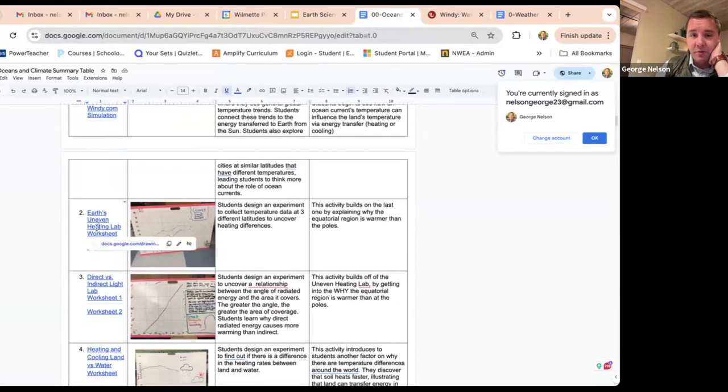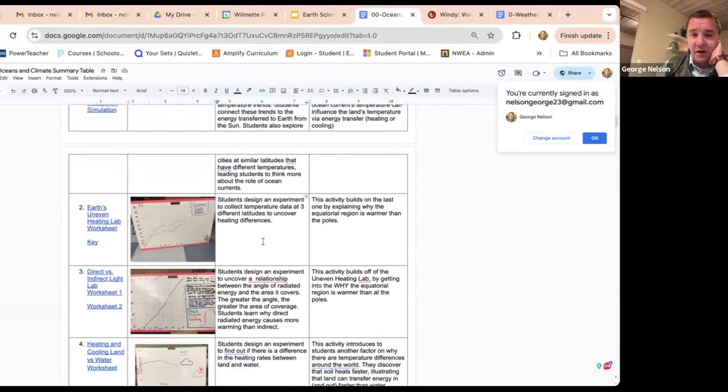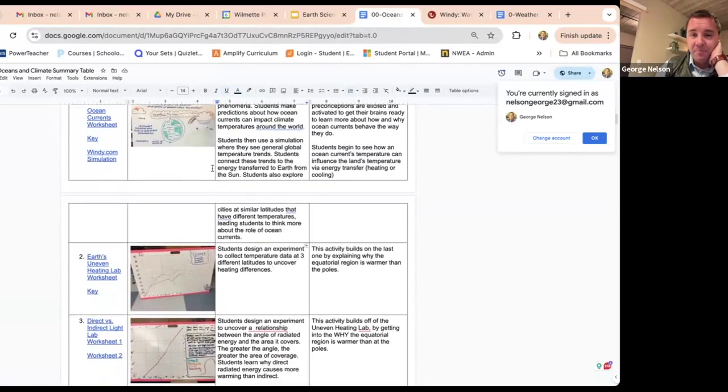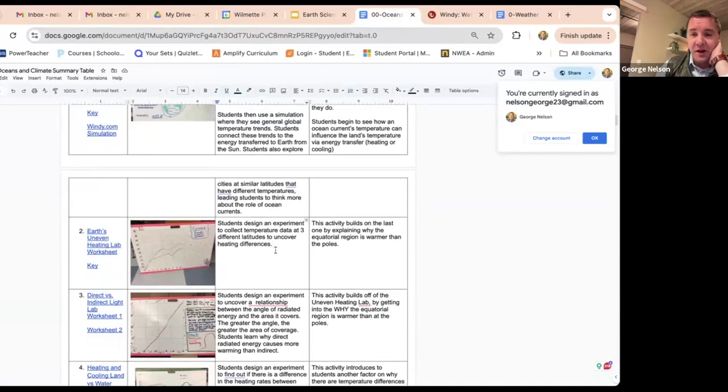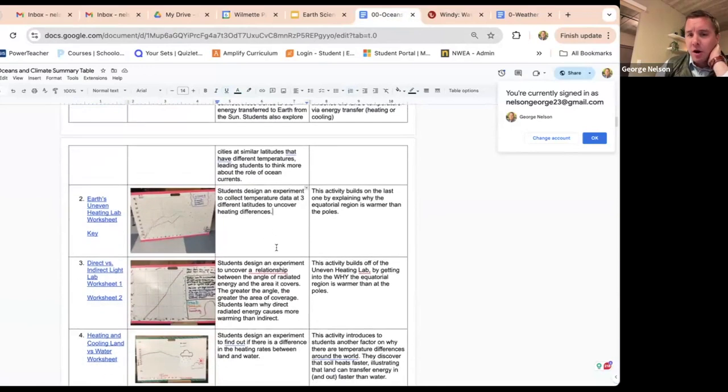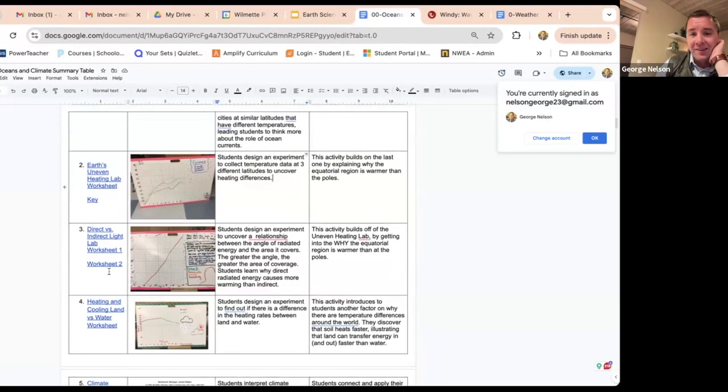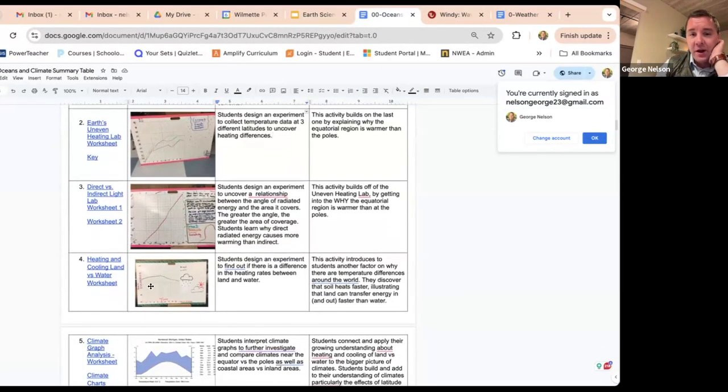Earth's uneven heating. When I'm shaping this, I'm really focused on the major misconception kids have. So I start developing the model with why it is so much warmer at the equator than at the poles. We talk about climate, Earth's uneven heating, and direct and indirect sunlight.